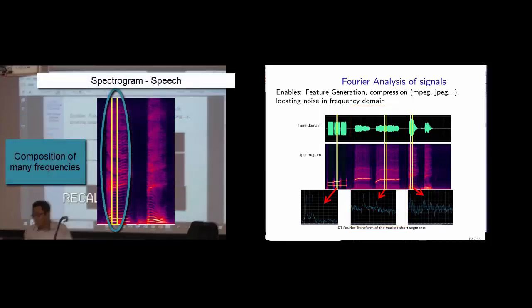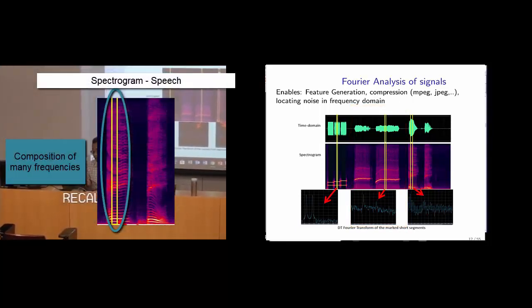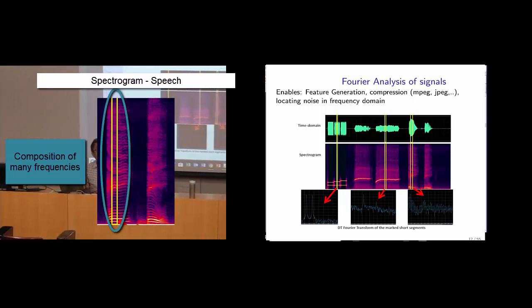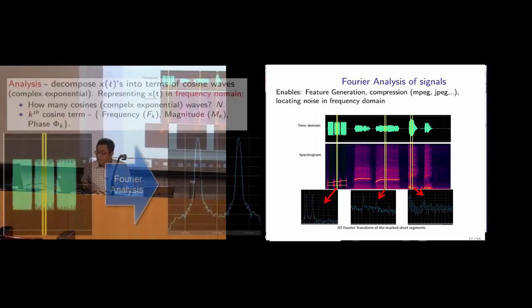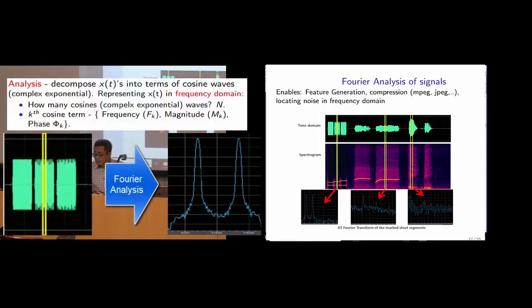And finally, when I speak, you can see that there are many, many harmonics. Now, with Fourier analysis, you can clearly understand that it gives you a way to visualize the original signal in the frequency domain, which tells you much more information than if you study it only in the time domain.